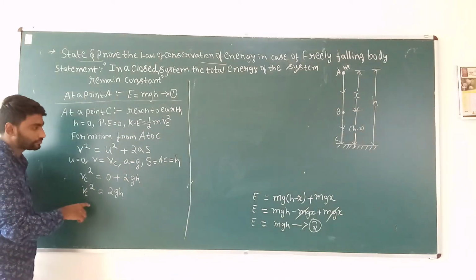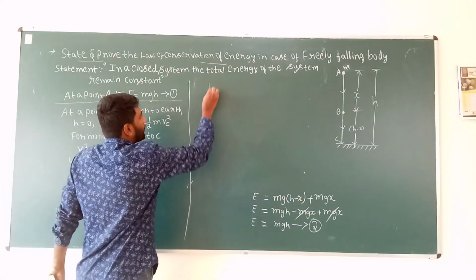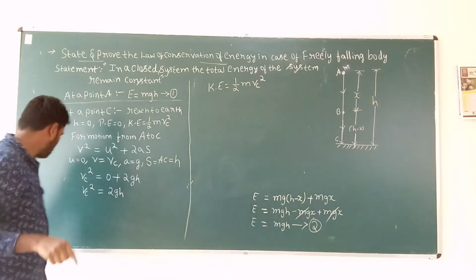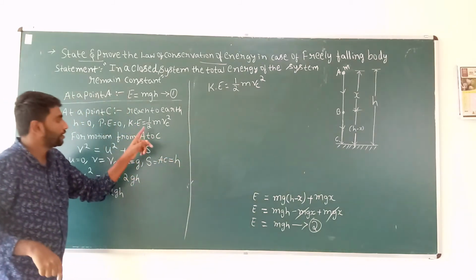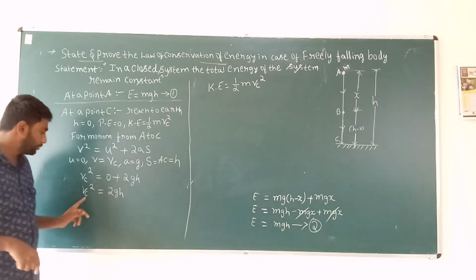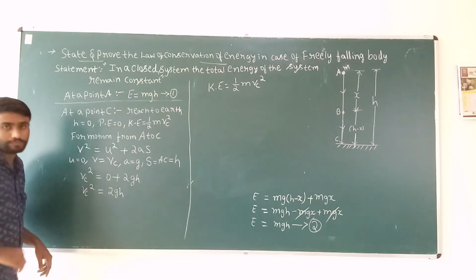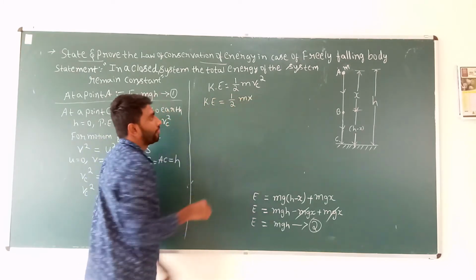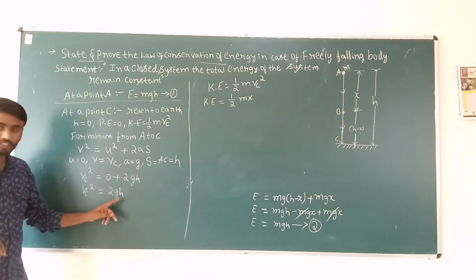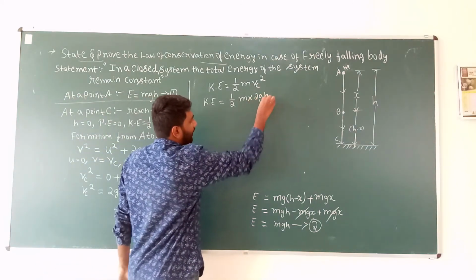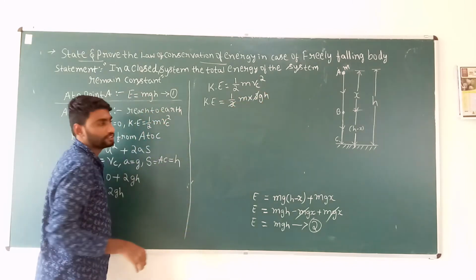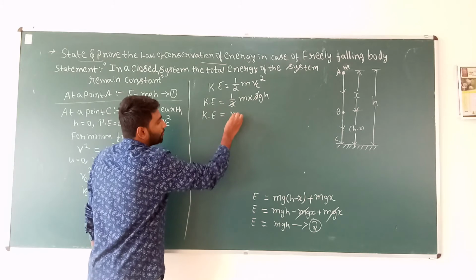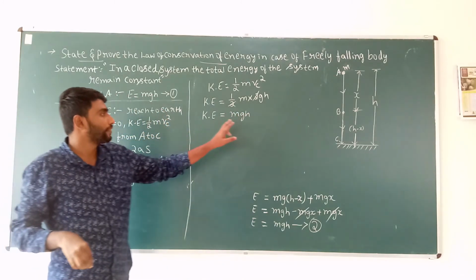So the kinetic energy at point C is half m vC square. Since vC square equals 2gh, KE equals half m into 2gh. The 2 and the half cancel, so the remaining kinetic energy KE equals mgh.